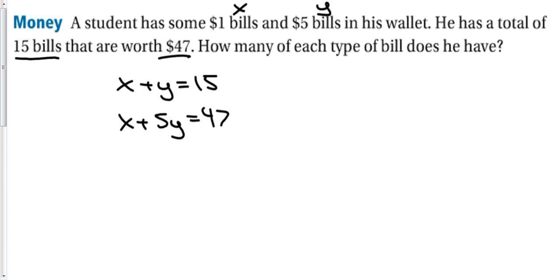If there is a variable by itself, think substitution. If there is a variable opposite, an additive inverse already there, or if it's easy to turn something into an additive inverse, then you should think elimination. In this case, neither one would be easier than the other. It is a pretty easy system to solve.